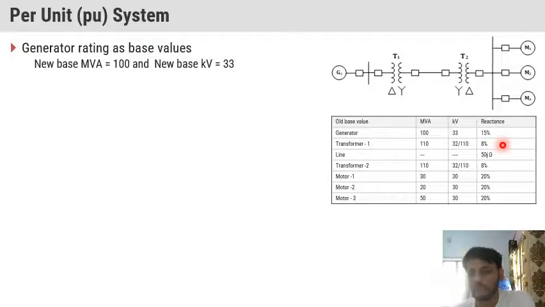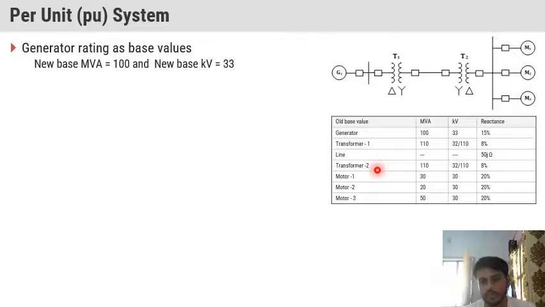Whenever you draw the reactance diagram or find the per unit values, the first task is to choose the base values: a base value for power and a base value for voltage. We choose from the ratings. One thing I want to make clear is that whichever base value you choose, it does not affect the reactance diagram or the per unit values.